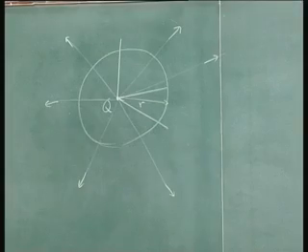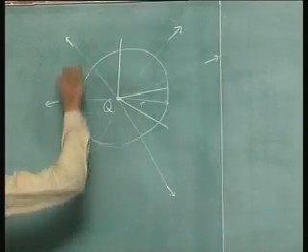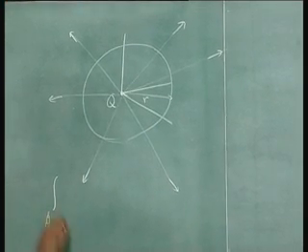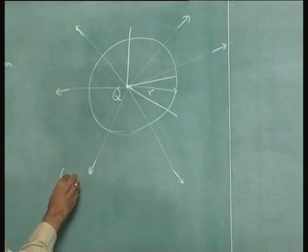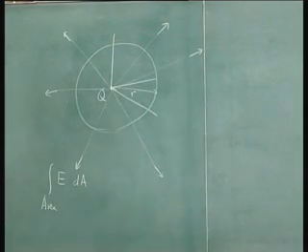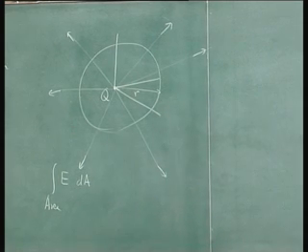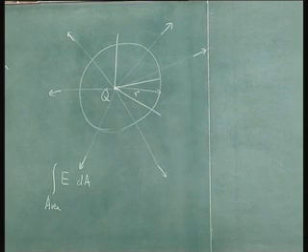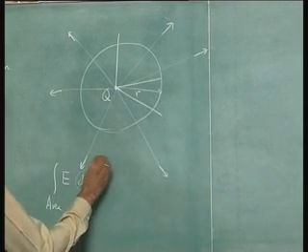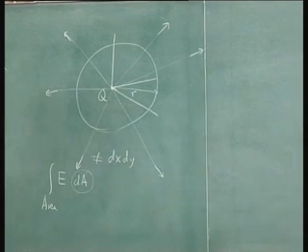So what I mean by that is, I want to integrate over the area of the sphere. I want to calculate the electric field dA. Now, there is a problem in defining this integral. The surface of a sphere is not a flat plane. You cannot write dA as dx dy. That is not what it is.